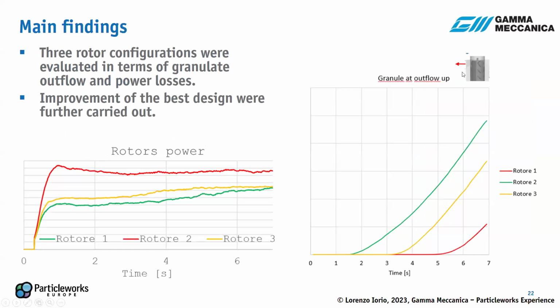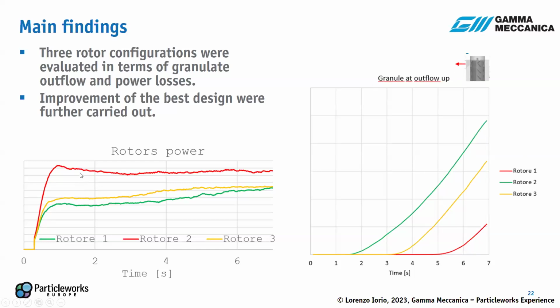As mentioned, the objective was to optimize and make the granulate reach the upper part faster. You can see how different rotor geometries were tested very easily because of the meshless approach. Given a different geometry here, we have faster flow at the top.